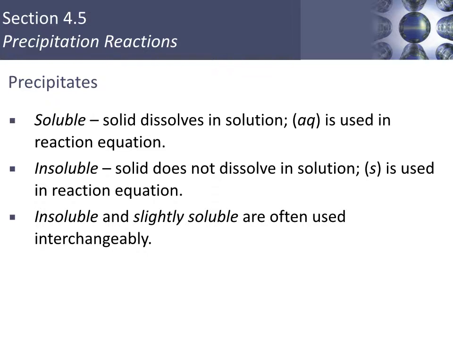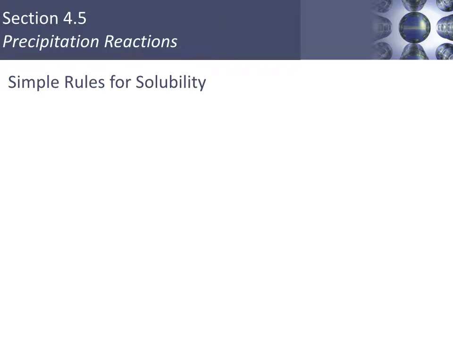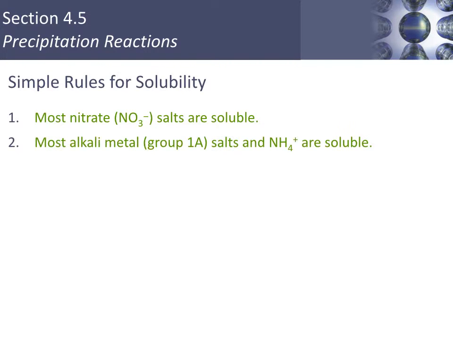Now, let's go over the rules for solubility. These are some that you're going to want to write down. First, most nitrate salts, that's salts made with the nitrate ion, are soluble, meaning they will dissolve in water. Most alkali metal, that's group 1A salts, and also ammonium salts, are soluble.